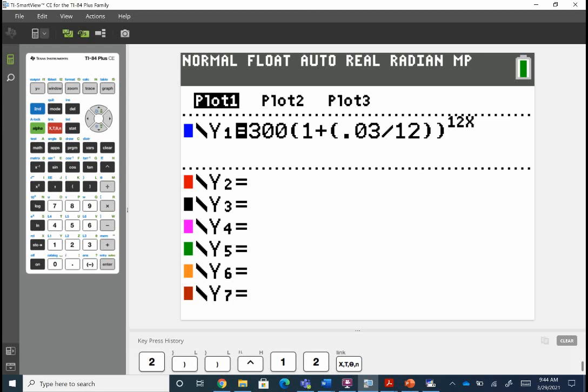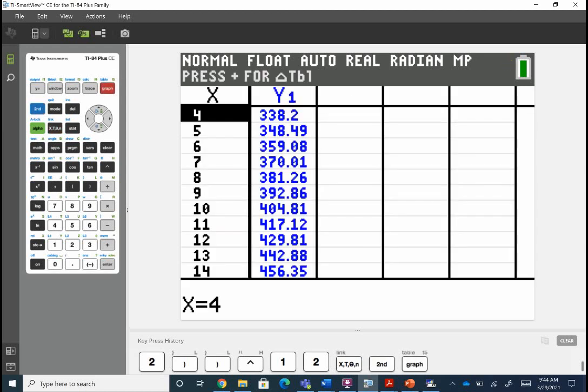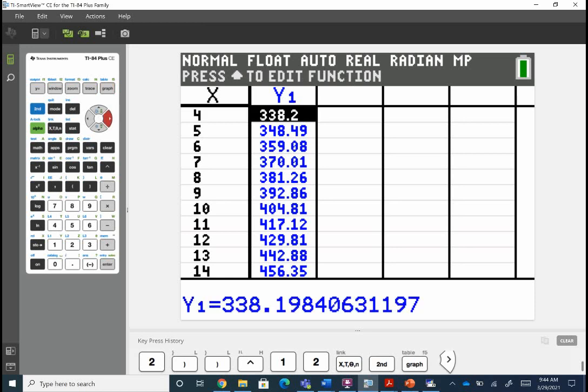All right, if we go to the table, second graph. Again, the calculator is just doing the busy work for us. The x column represents all of our t's, our time, our years. X represents how many years have gone by. Y represents the amount in my account after that many years. So after 4 years, we had $338.20.